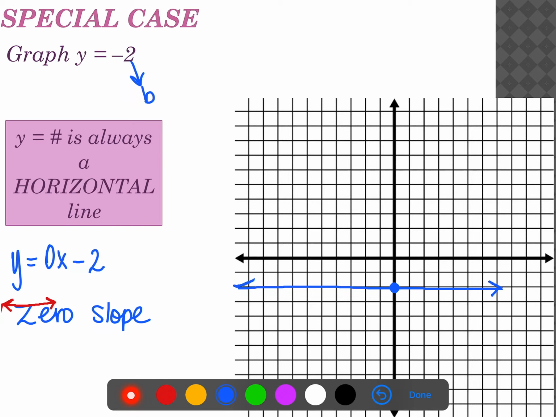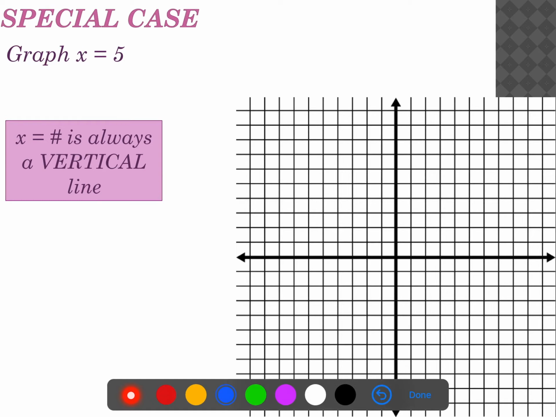Okay, so I need to put a line through that y value of -2, and I cannot touch any other y values. So the only way to touch that one y value is to go horizontally with it, okay? And if you look at the word 0 here, okay, the top and the bottom are horizontal lines. Just a little trick to help you remember.